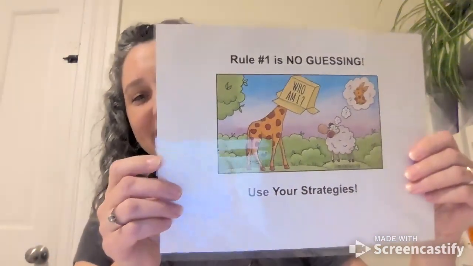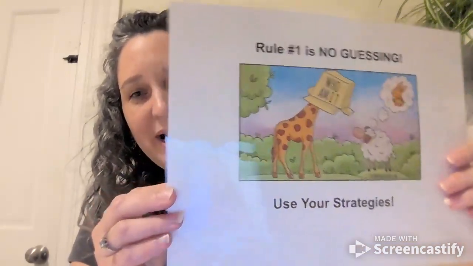One thing that's really important, I have to always tell the kids, is that rule number 1 is no guessing. I tell them you need to use your strategies. We teach them strategies, and we provide scaffolding so that the students shouldn't ever be in a position where they're guessing randomly. I shouldn't say there's never any guessing.